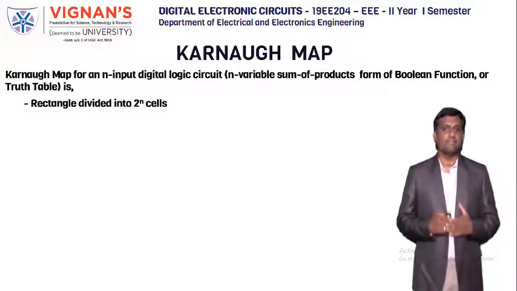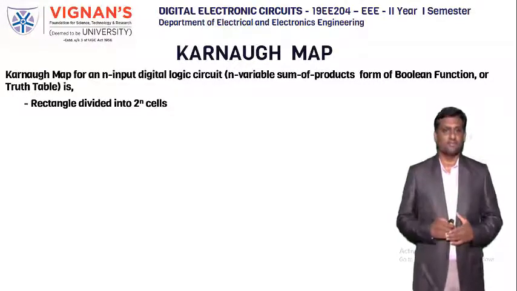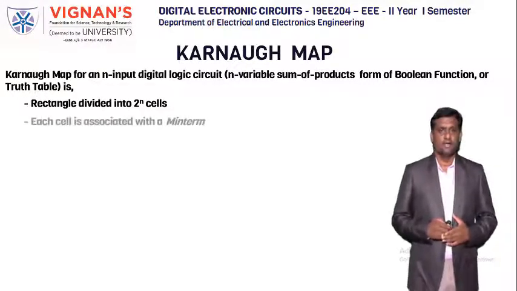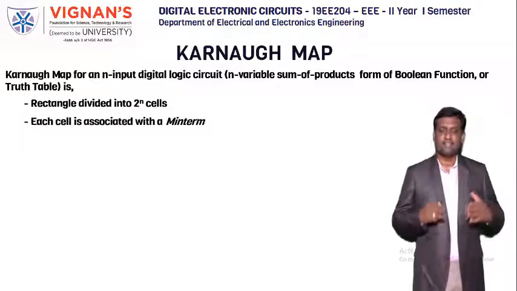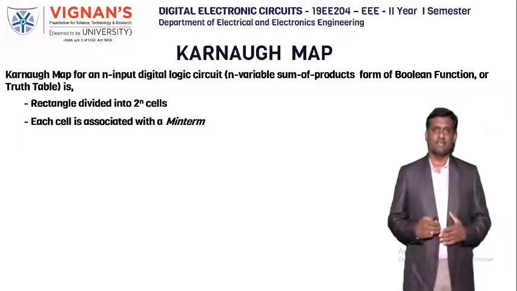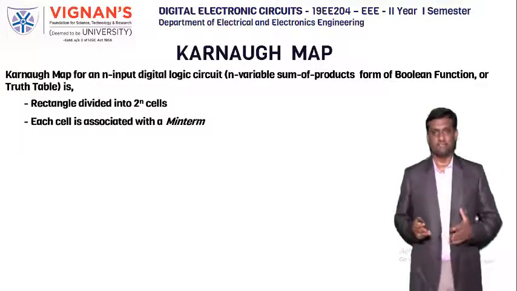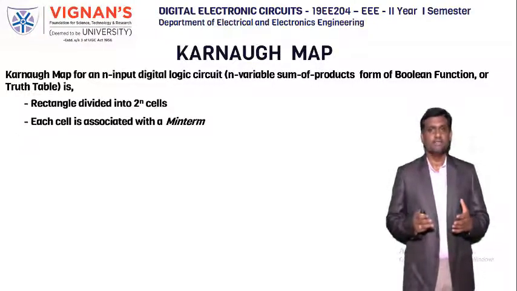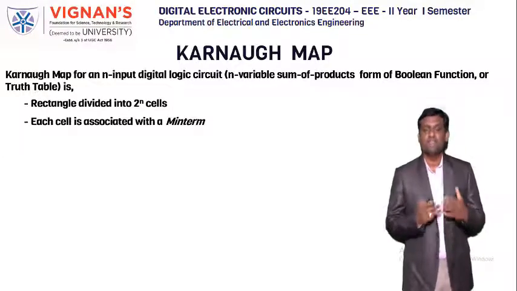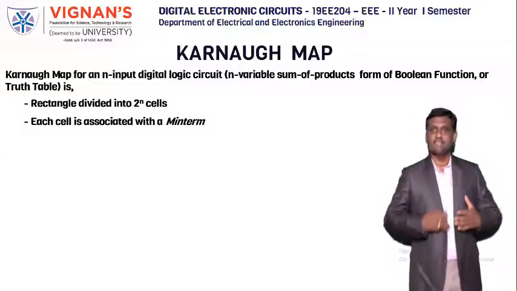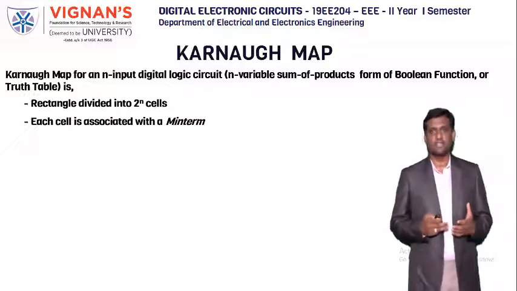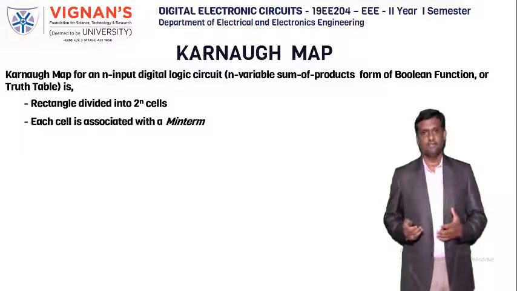That means the K-map consists of 2 power n cells, and each cell is associated with either a min term or a max term. So that means the K-map can be used for the simplification of a Boolean function either in the form of SOP or in the form of POS.